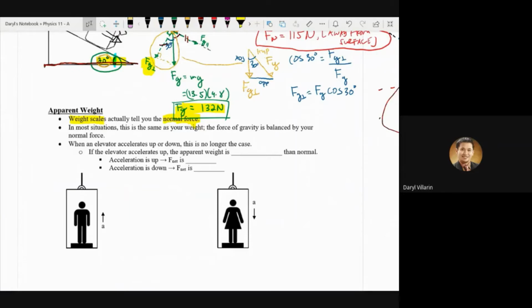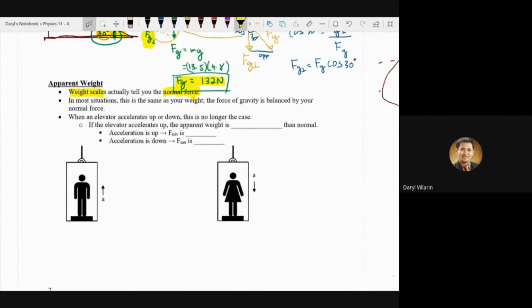But for example, when an elevator accelerates up or down, that is no longer the case.